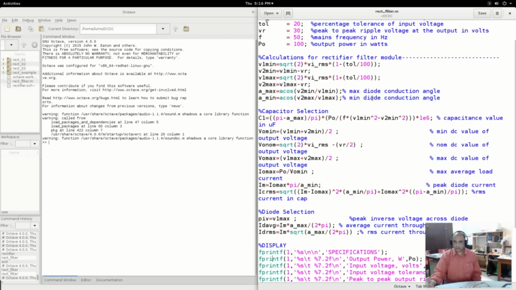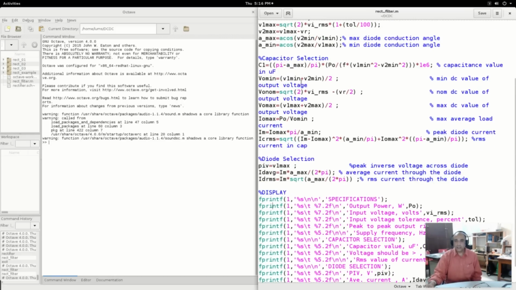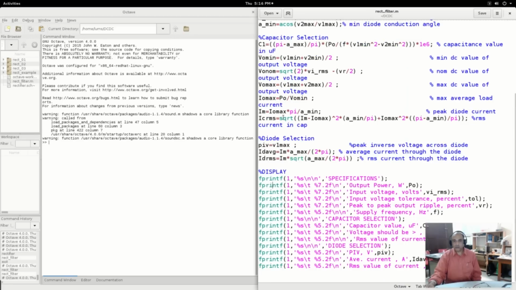Choose the max value of alpha for calculating the value of C. Then here to calculate the voltage that the C will see, the max output current, the capacitor RMS value, and then the diode selection, peak inverse voltage value, ID average, and the RMS value.